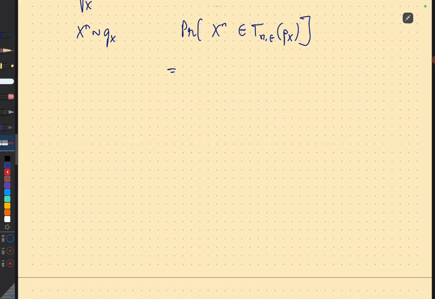You also know that the size of the typical set T_ε^n is roughly 2 to the n times the entropy of P_X. But remember, the actual distribution for X^n is Q_X, not P_X. So how should we go about bounding this particular quantity? What do you think?